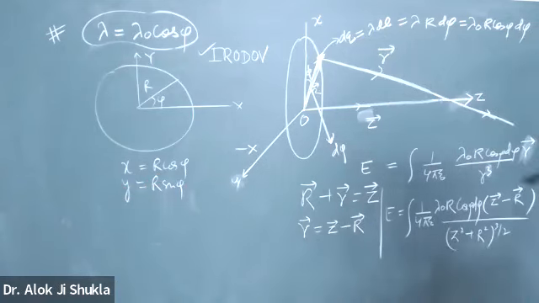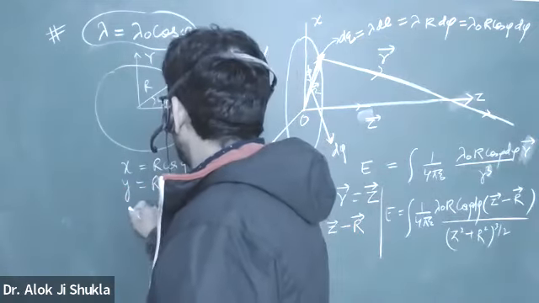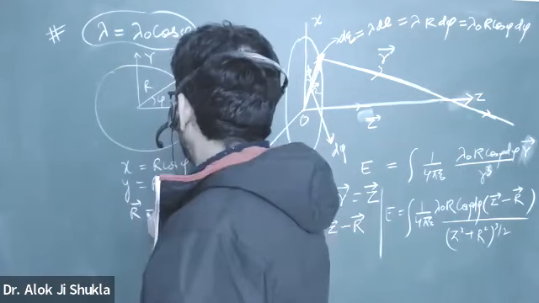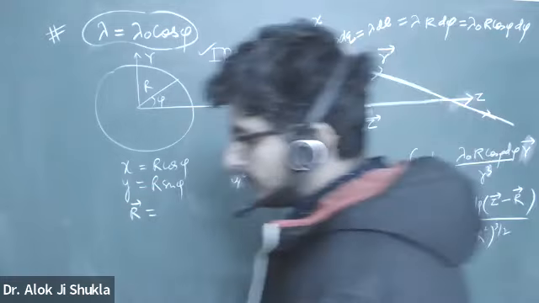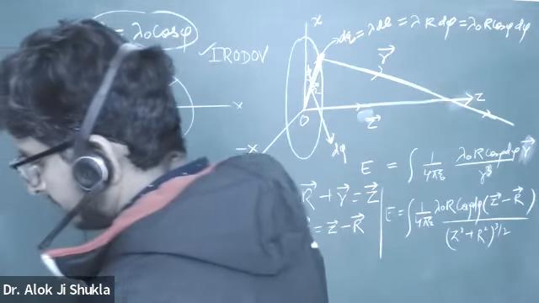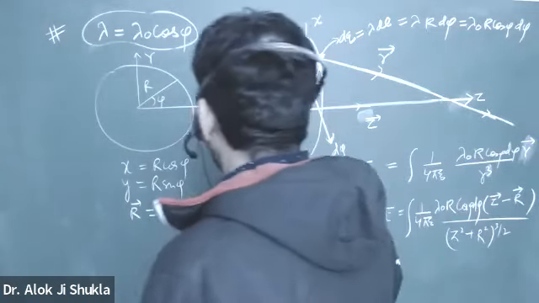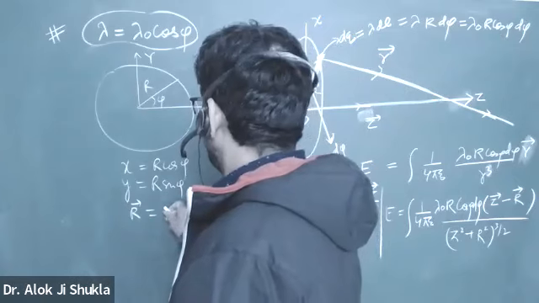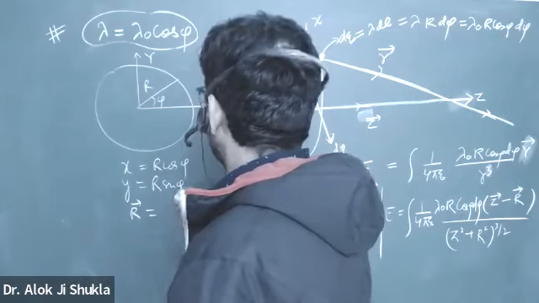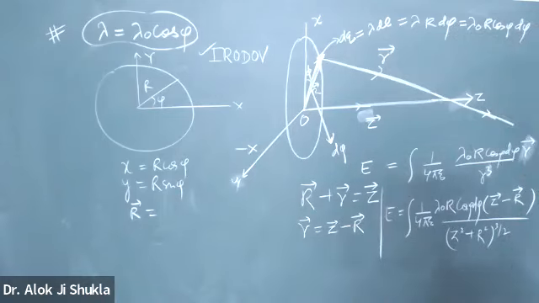So you can write capital R vector को लिखो. Capital R vector can be written as, बोलो, root of x square plus y square. r vector can be written as, this r vector, इसको कैसे लिख सकते हैं? इसको ब्रेक करो components में.